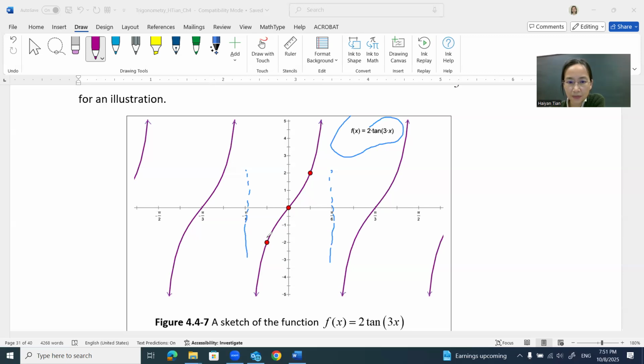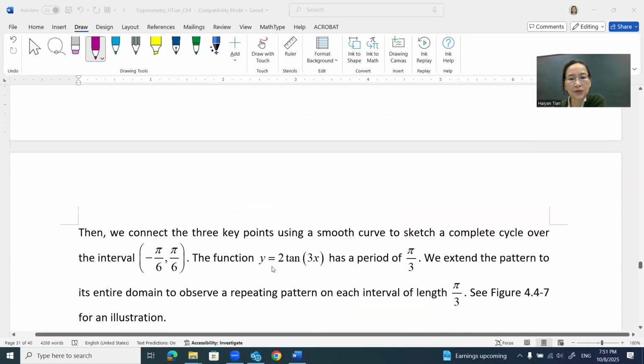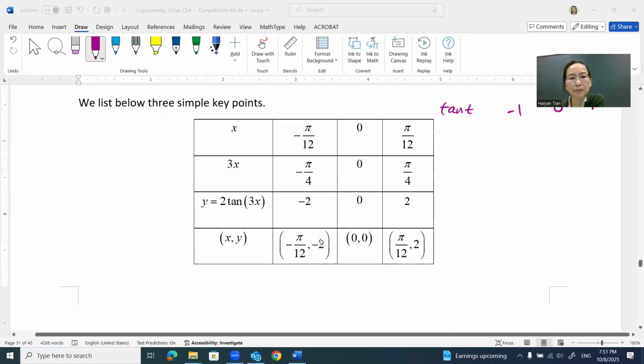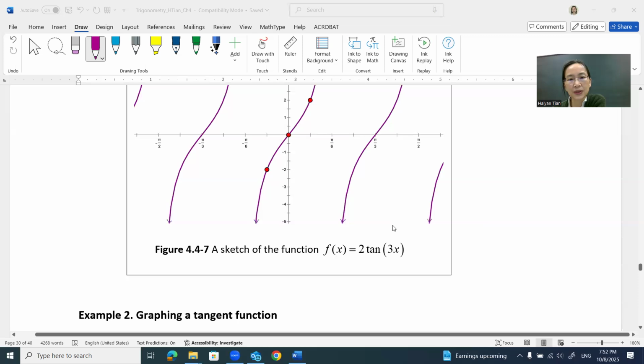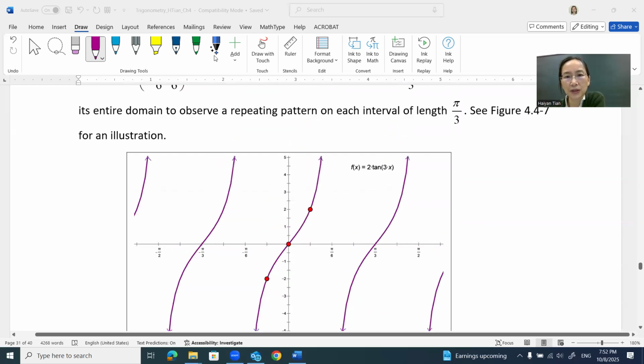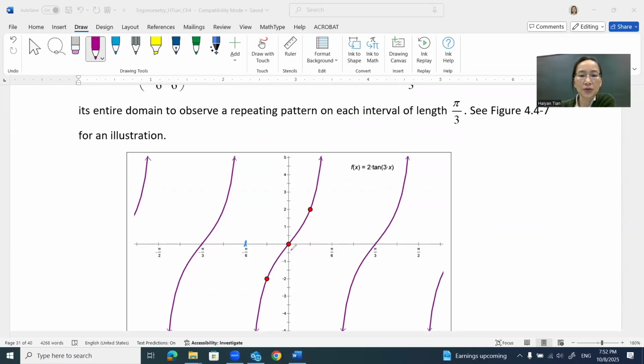You see this is -π/12. Just to point out one thing: -π/6, 0, +π/6, and -π/12 is right in the middle between these two.